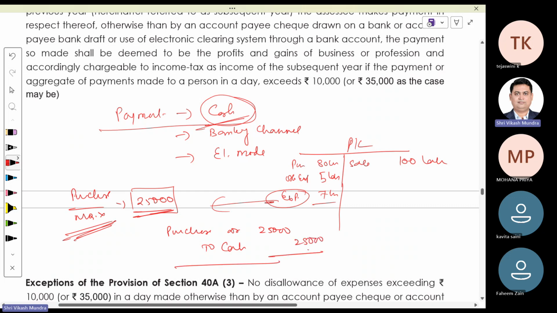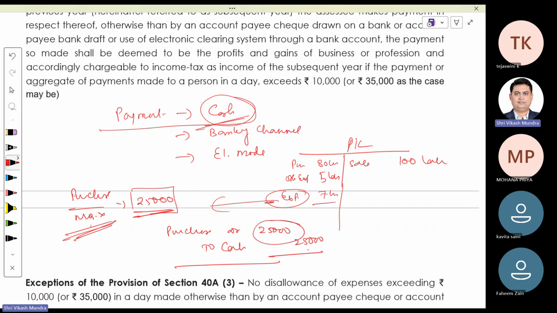Here, government is saying that if you are making a purchase from Mr. X or any other single person, and you are making a payment of more than 10,000 in a day in cash, then this entire purchase we shall disallow. That means this would not be considered as your expenditure while computing your income for the purpose of PGBP.